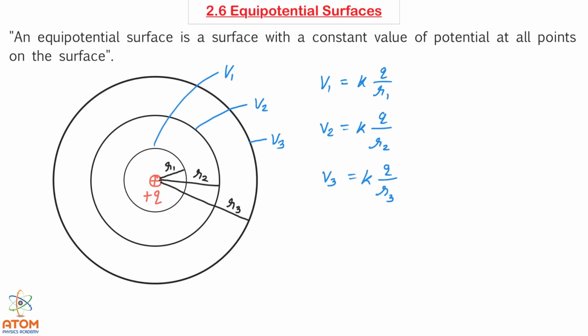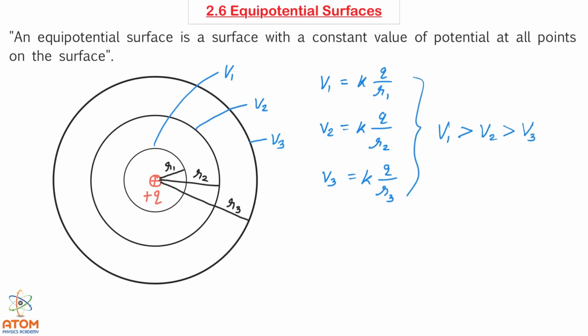So this is the first equipotential surface, this is the second, and this is the third. Obviously, from this equation we can say that the potential V1 will be larger than V2, which will be larger than V3.